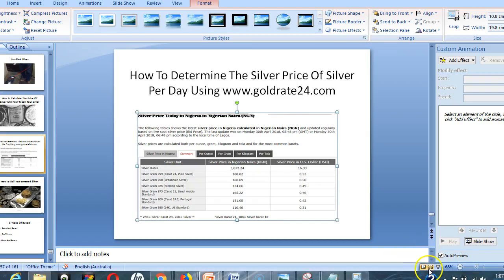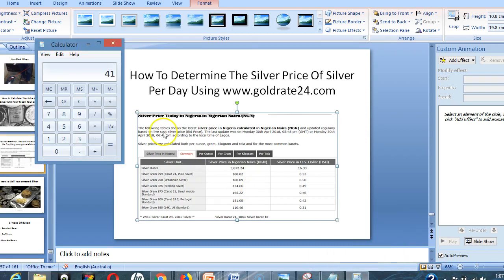It should be 1,000 grams. So, 10 grams per liter times 100 liters of fixer. We got 1,000 grams, and 1,000 grams simply means 1 kg.